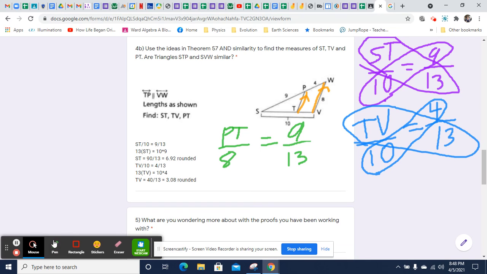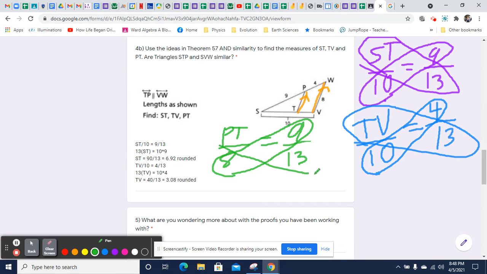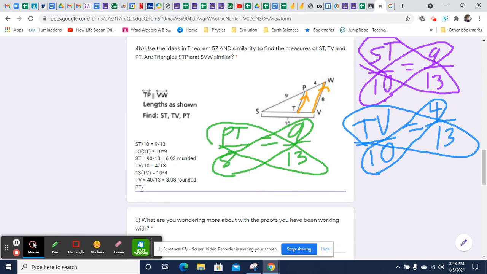So that means that the product of the means is 8 times 9, and the product of the extremes is 13 times PT. And that's how we'll solve this. So PT over 8 equals 9 over 13.